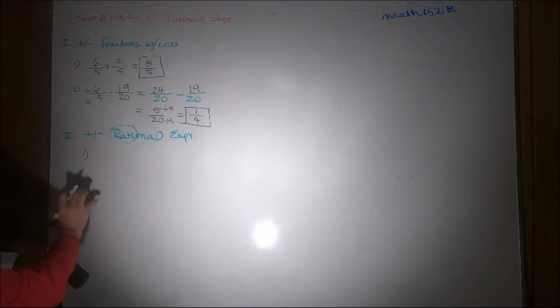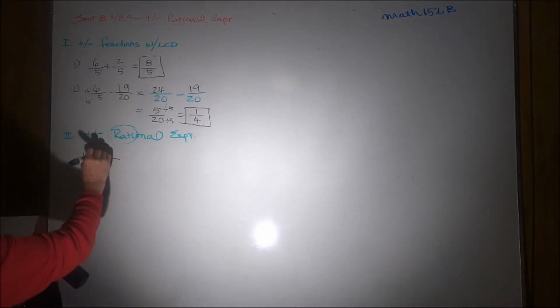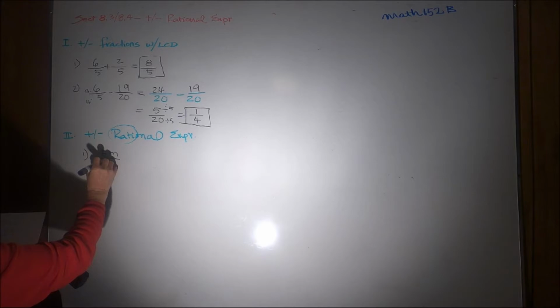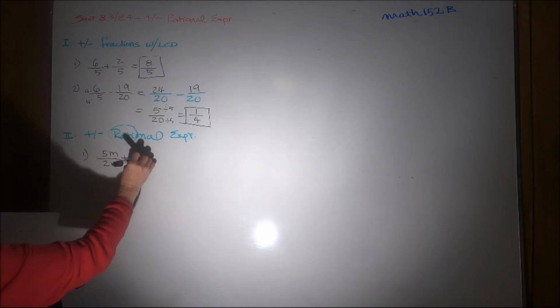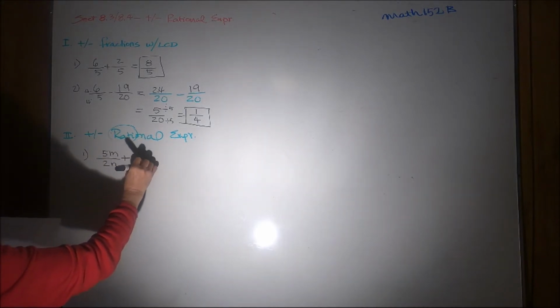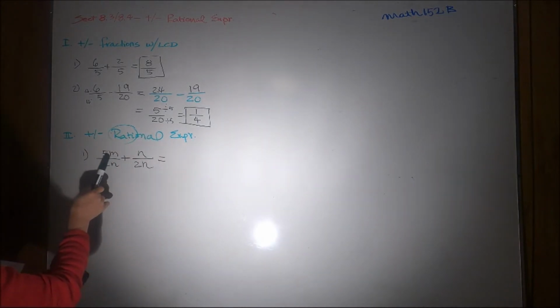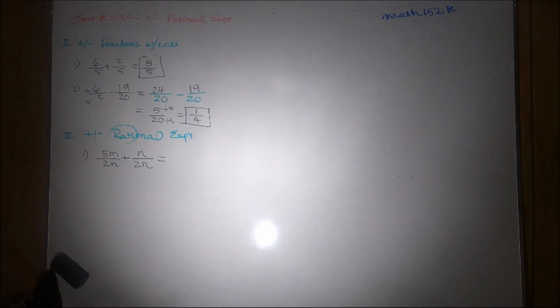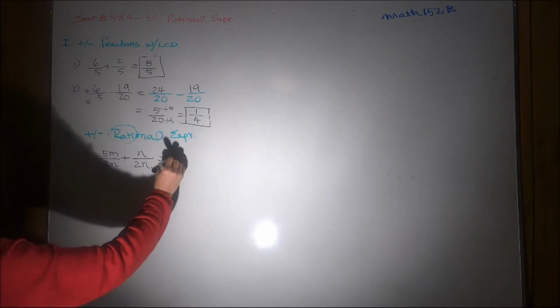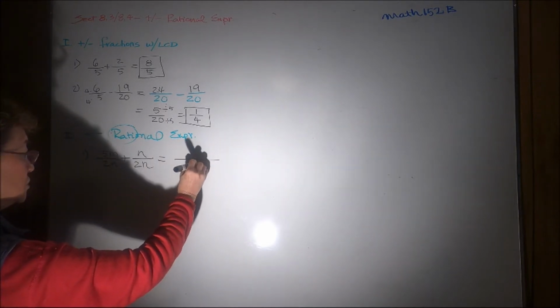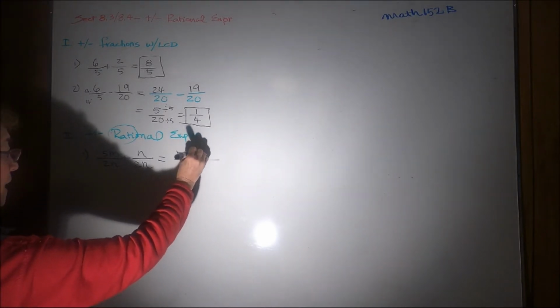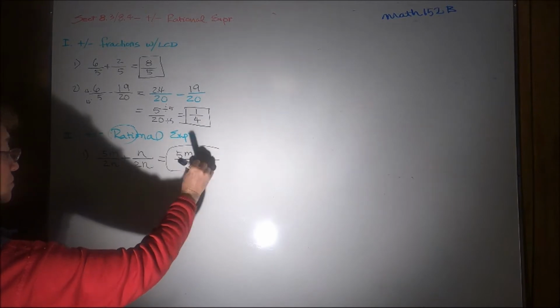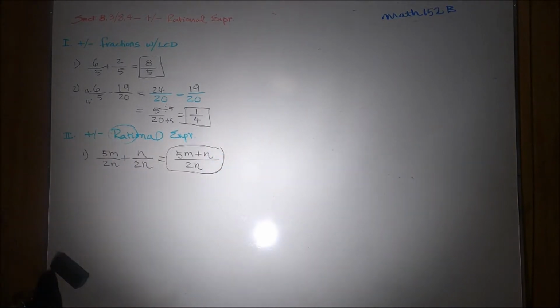So if we have 5m over 2m plus, same thinking for the variables as for the numbers. If they have the same denominator, what do we do? We just combine the numerators, right? That would be your answer.